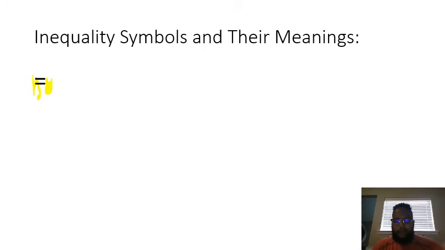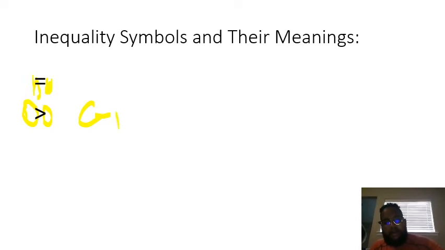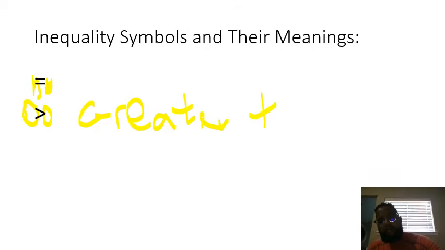What happened as time went on is that we felt the need to say, well, two things are not equal, right? One thing is bigger than the other. And what happened was we tilted that sign from having the same distance on both sides to one side being larger than the other side. So what this meant was that what is on the left is greater than what's on the right.